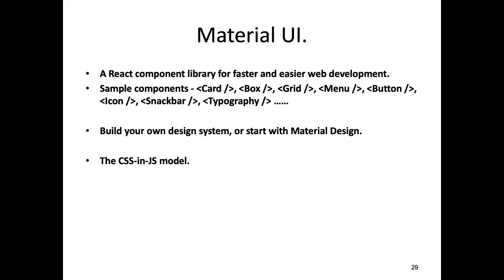Now, where Material UI comes in is that Material UI brings us back to React, and it is a library of components, and these components are based on the material design system that I've been talking about.